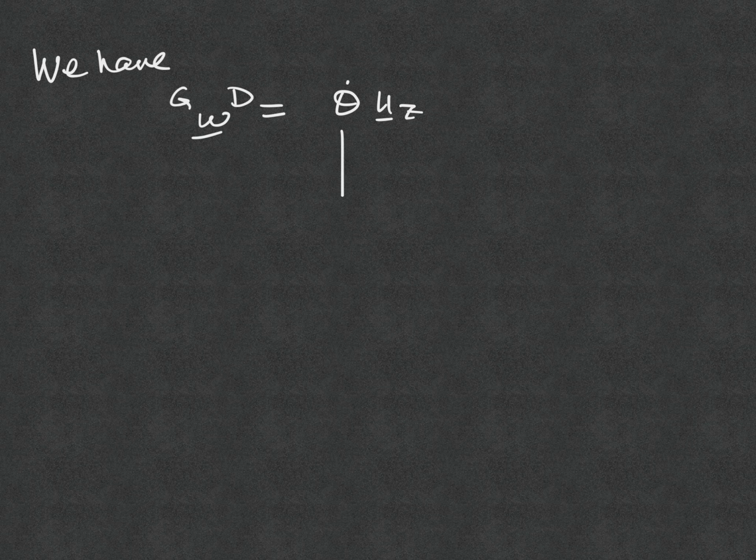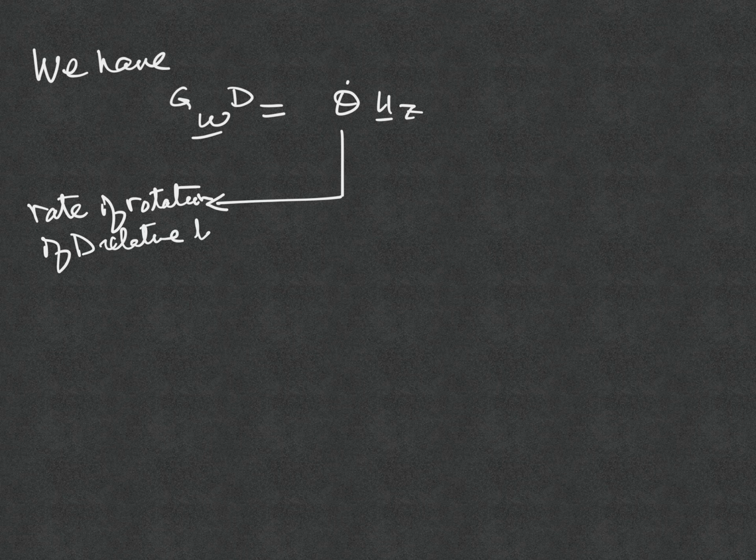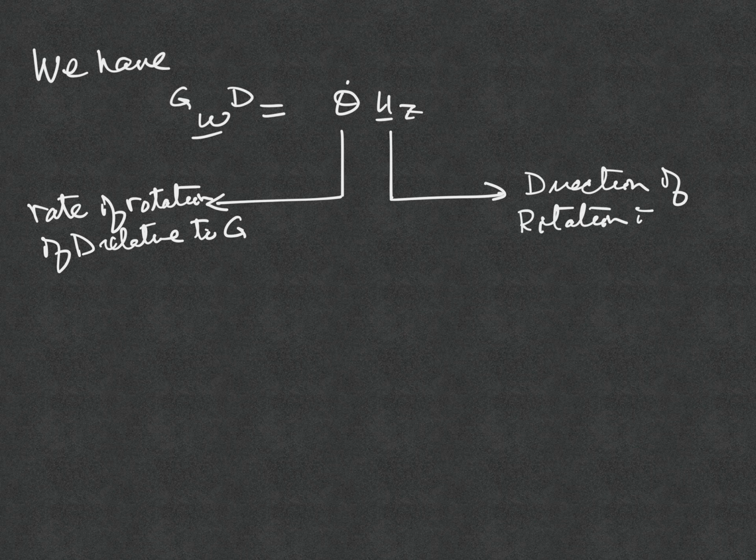Now this quantity right here is the rate of rotation of D relative to G. This quantity right here is the direction of rotation of D relative to G. Now, it's really important that it's understood that the plane of rotation is the EX, EY, or UR, U theta plane.